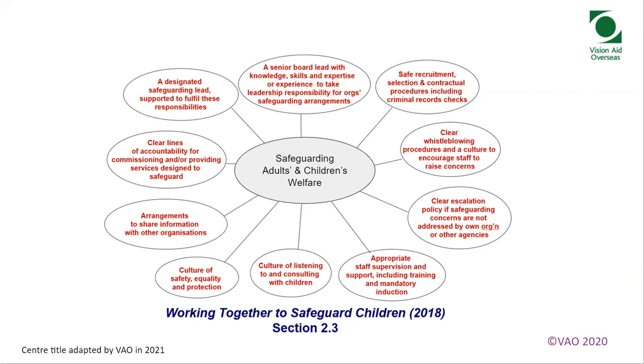Having a lead person who is trained and can take overall responsibility, having a designated safeguarding officer that staff can approach for advice and report concerns to, a whistleblowing policy, making it safe and easy to report wrongdoing, safe recruitment, training and staff support to help staff understand safeguarding, reporting, child participation, inclusiveness, gender, race, disability, etc. Share practices with other organisations and key staff working alongside yours, and maintain accountability.